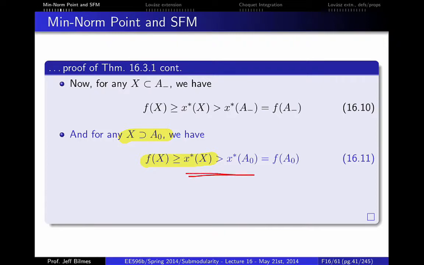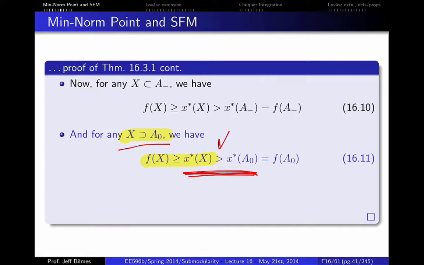This strict inequality comes about, why? Because remember, anything outside of A naught is going to be positive. And so if we're taking x, which is a superset of A naught, we're including elements that are strictly positive, which are not being added when we evaluate the elements in A naught.